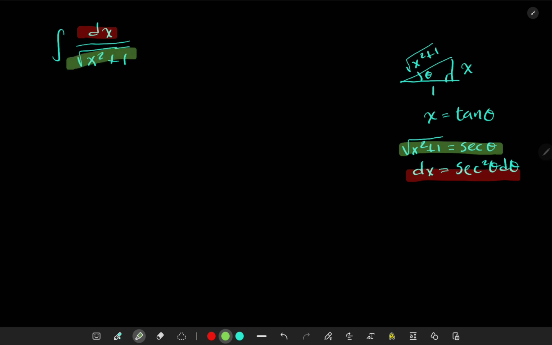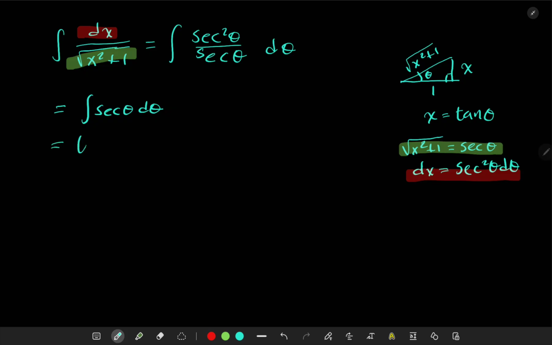So what do we get in the end? We get the integral of secant squared d theta over the square root, which is just the secant. One secant cancels, and you just get the integral of the secant, which we know is the natural log of the absolute value of the secant plus tangent plus c.